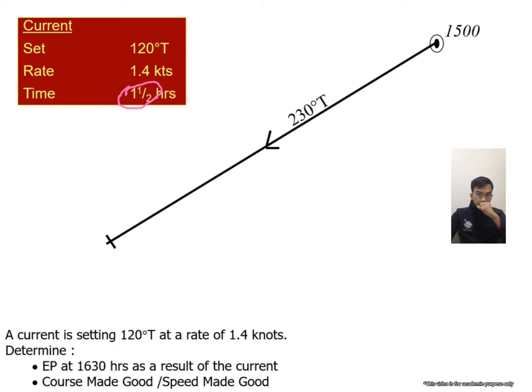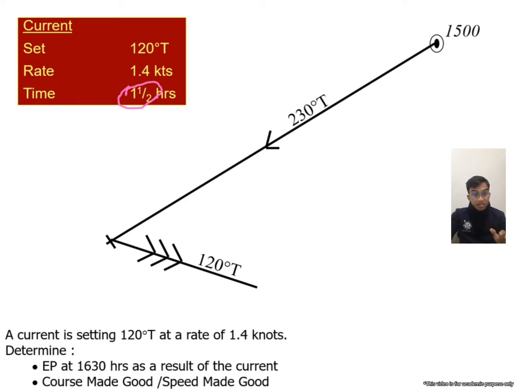Also given in the question is that the current is setting 120 degrees true at a rate of 1.4 knots. You have to determine the estimated position, which takes into account the effect of the current, so it is more accurate than the dead reckoning position.